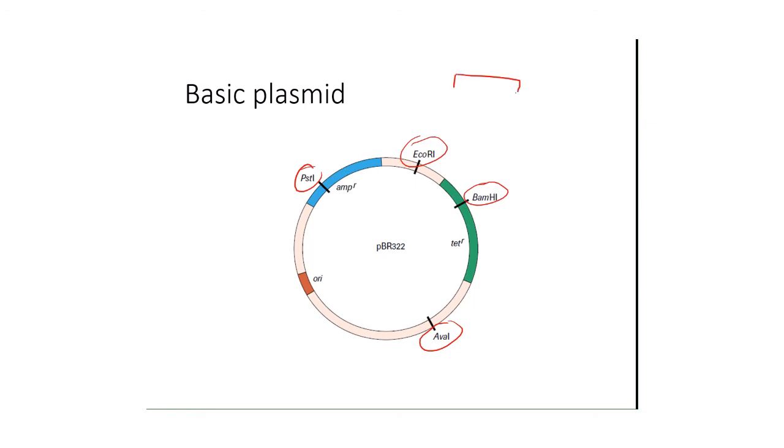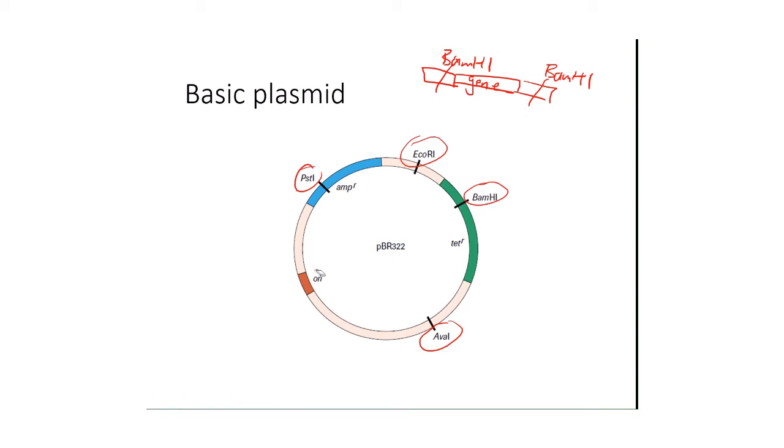Okay, so if I have a gene here I'm trying to insert, and the ends of the gene have a restriction enzyme site for BamHI, you want to choose a vector that would have the same recognition site. So when you treat the plasmid and the DNA sequence with BamHI, they would create the same sticky ends that will allow the gene to be inserted.